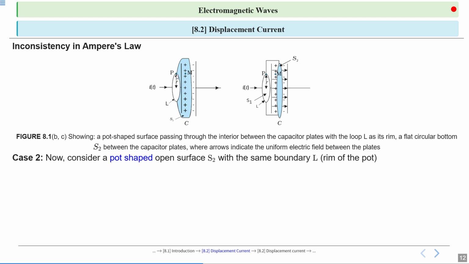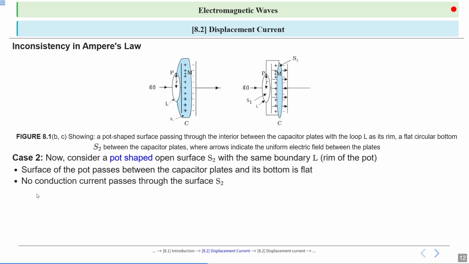Now we have not taken a flat surface, we have taken a pot shaped surface whose bottom is lying between the plates of the capacitor. Now consider a pot shaped open surface S2 with the same boundary L, the rim of the pot. Now the surface of the pot passes between the capacitor plates and its bottom is flat, lying between the plates of the capacitor.